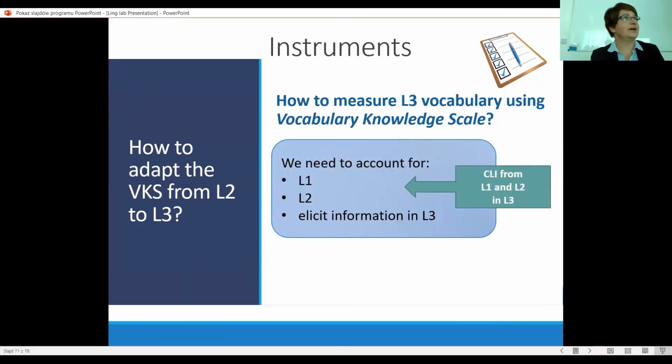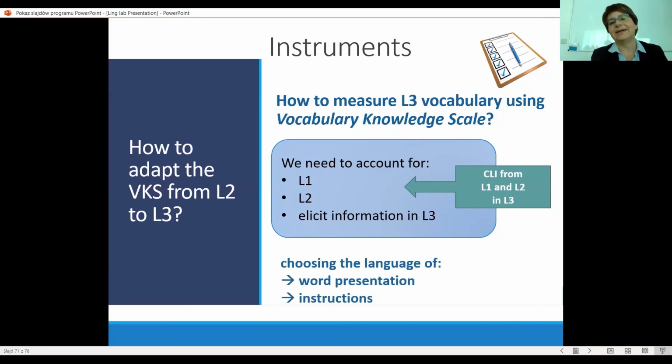We need to account for the first language, for the second language, and elicit information in the third language. So we want to use cross-linguistic influences from the different languages in eliciting L3 knowledge. Basically, we decided it would be about choosing the languages of word presentation and the languages of instructions.